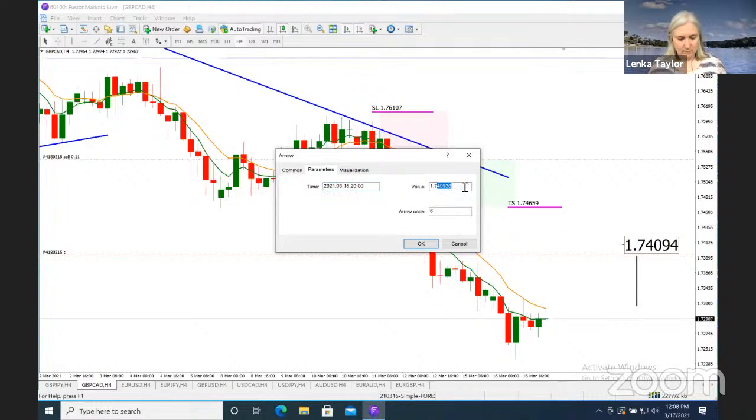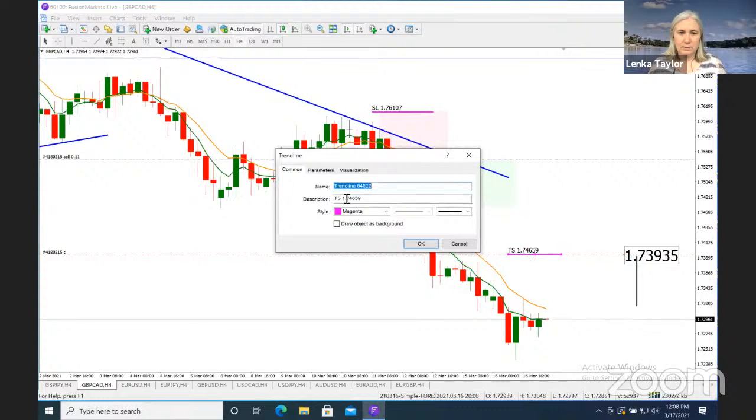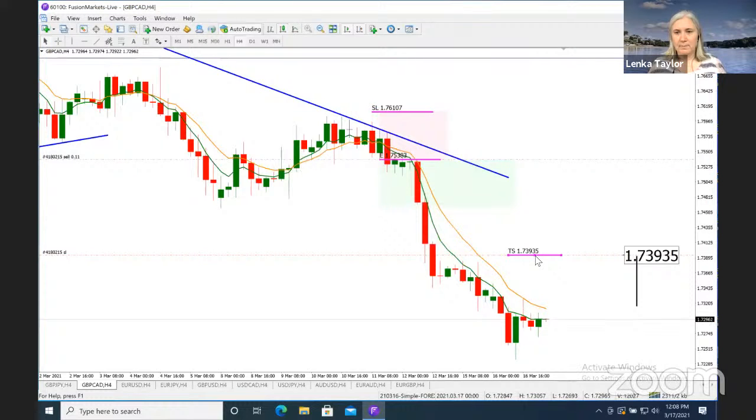There we go. Great. So that's our trailing stop, moved along, and giving it a bit of room. Let's see how we go with that.